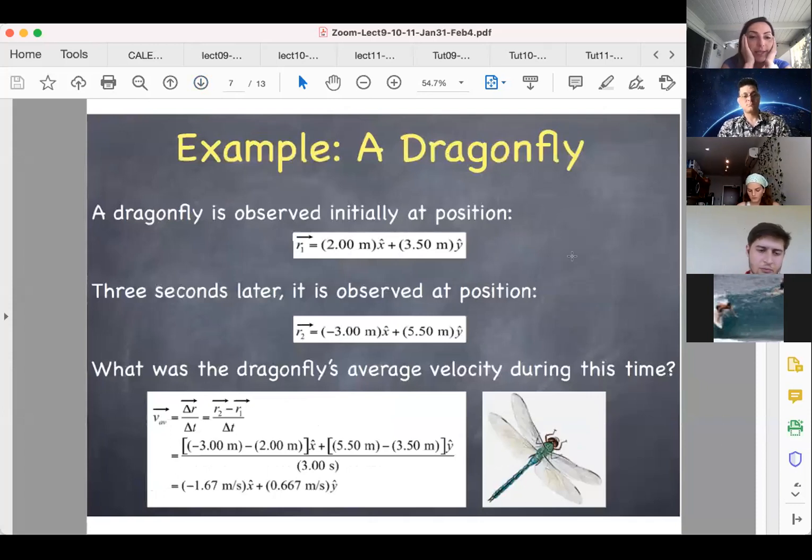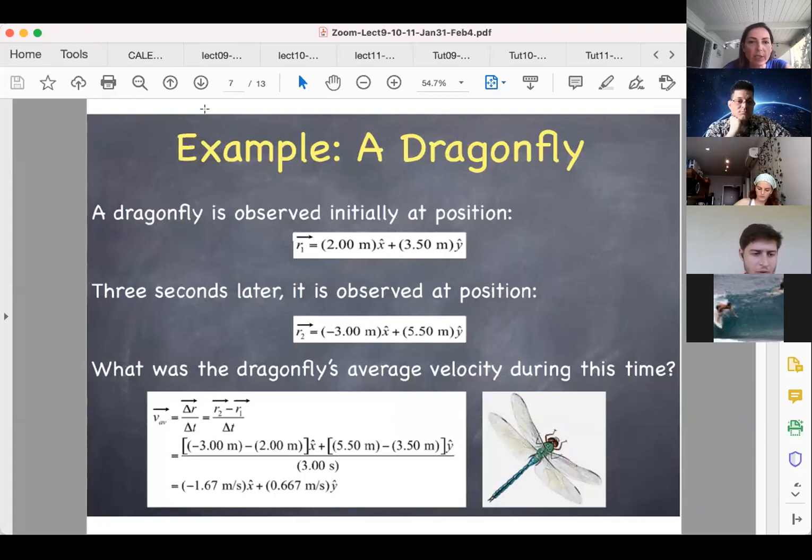Now, another quick example. A dragonfly is observed initially in this position, 2 meters along x and 3.5 meters along y. 3 seconds later, it's observed at this position, R2, which is minus 3 meters along x and plus 5.50 meters along y.